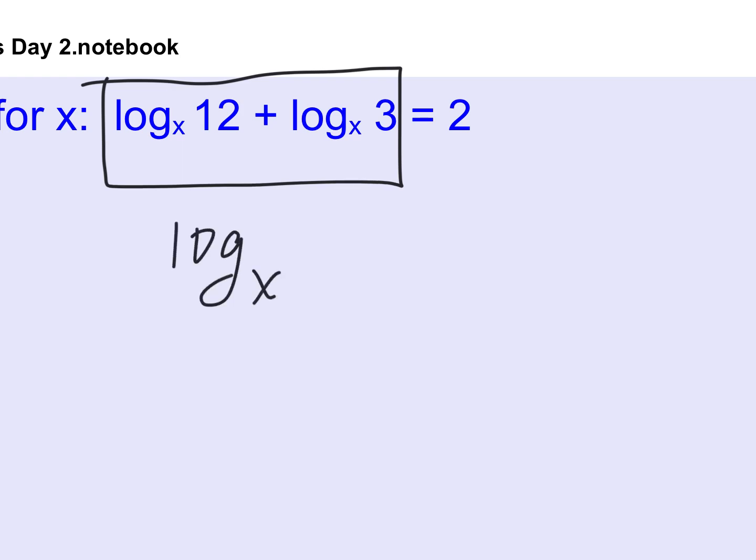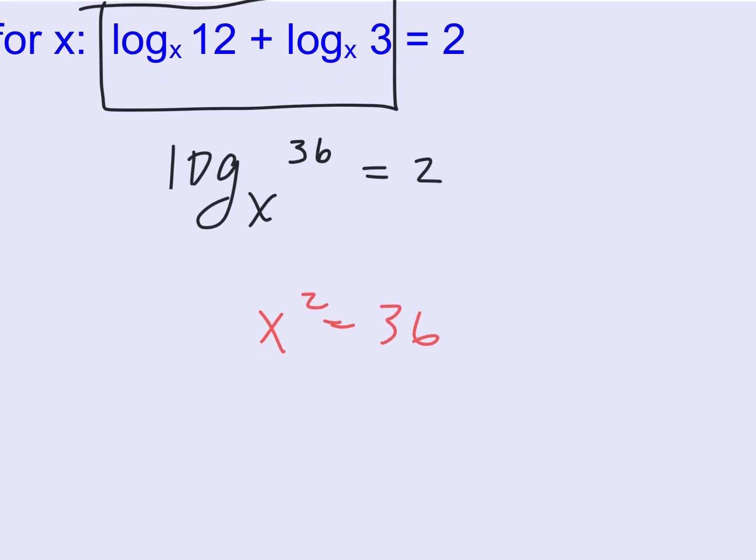Log base x of these get multiplied. 12 times 3, I might as well just multiply it. 12 times 3 is 36. No, it's not. Yeah, it is. Sorry. Okay. Equals 2. And then I go x squared equals 36.